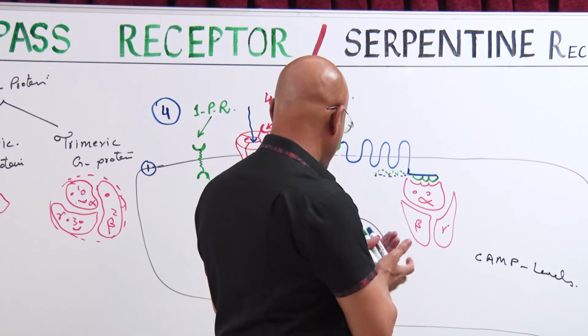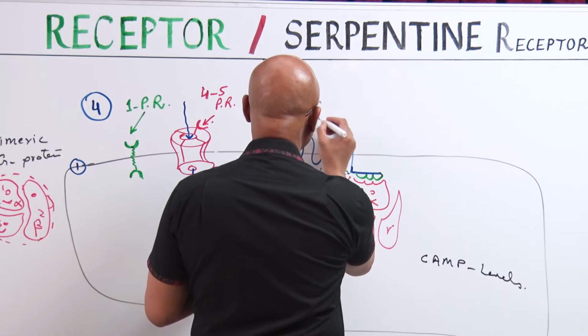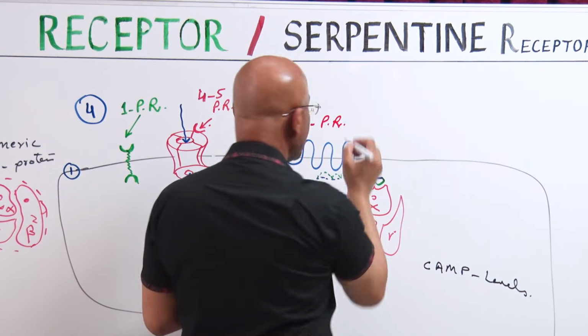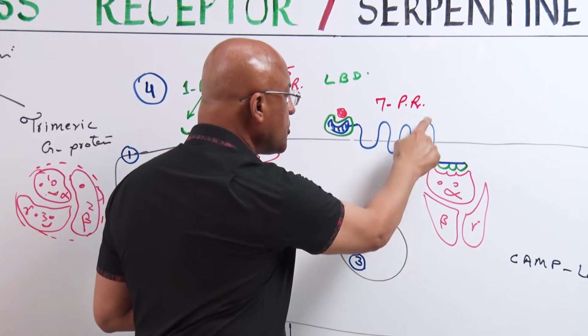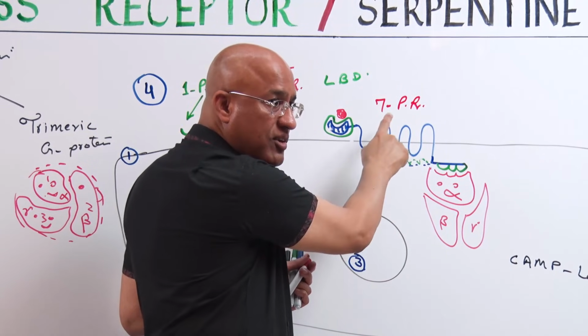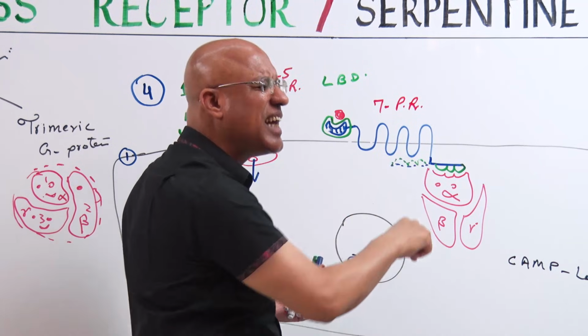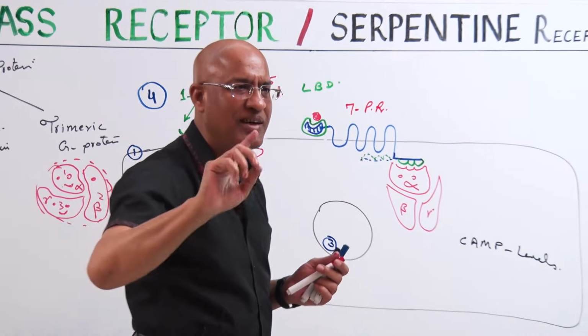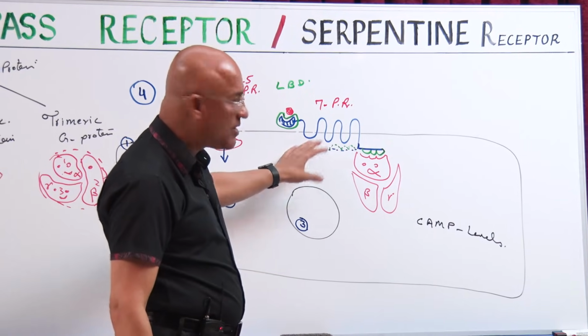So we have here 7 pass receptors, which are also called serpentine receptors because the peptide passes in and out through the membrane in a snaky way 7 times, right? So this is 7 pass receptors.